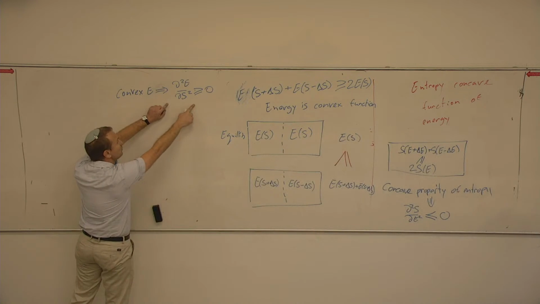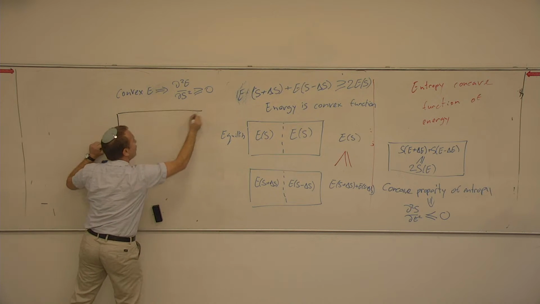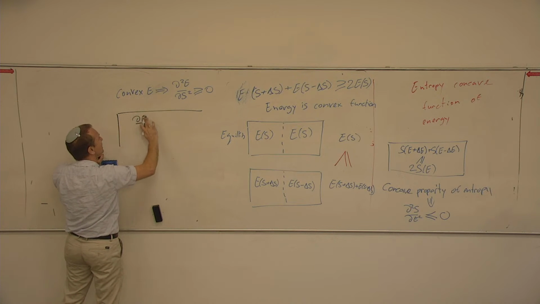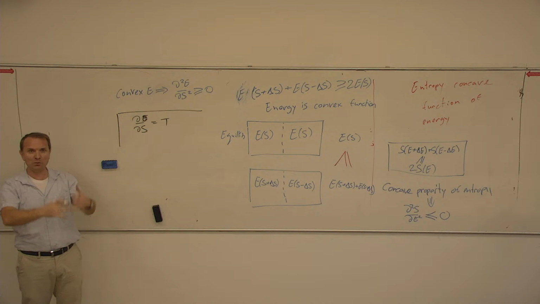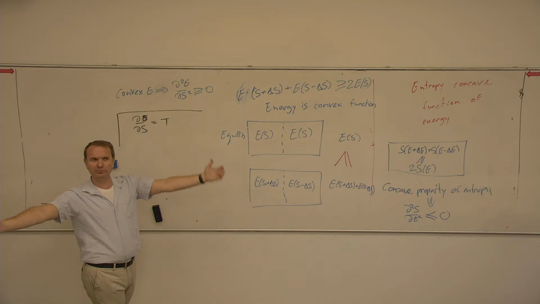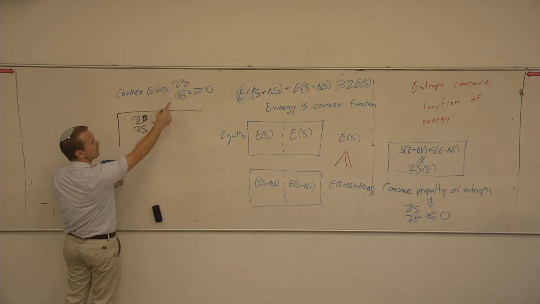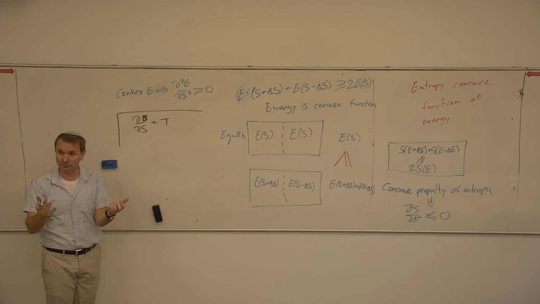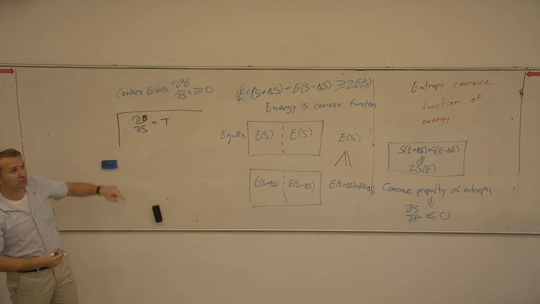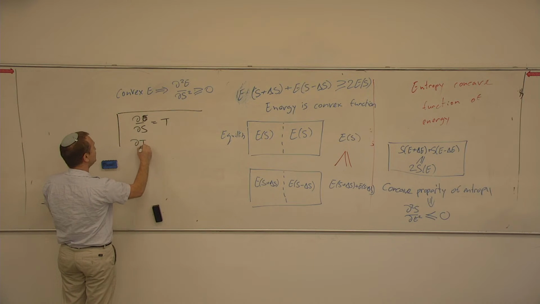Because when I'm looking at this, I can say, oh, but dE/dS is temperature, right? Temperature is equal in all the different parts of my system. Fine, but how is it going to change as a function of something? So all of this story tells us that dT/dS is greater than 0.